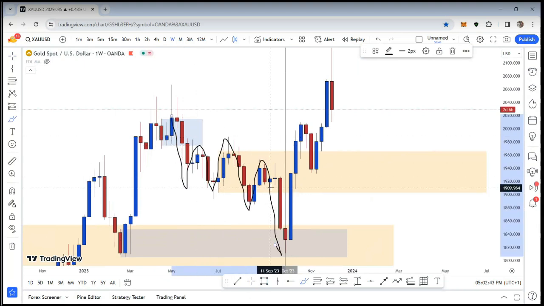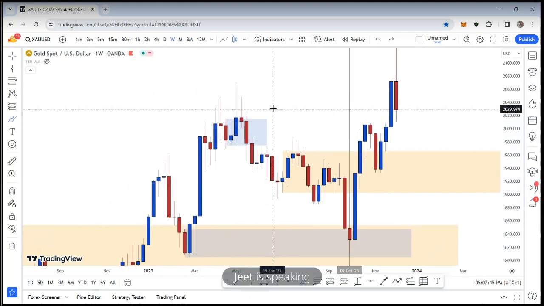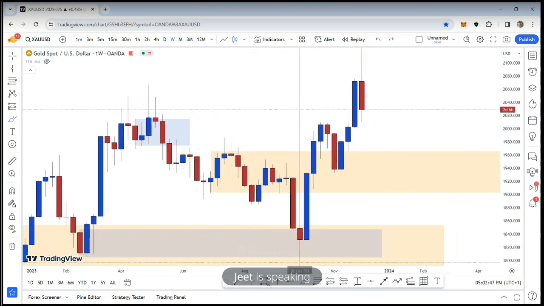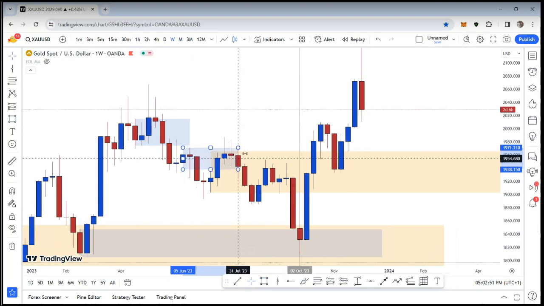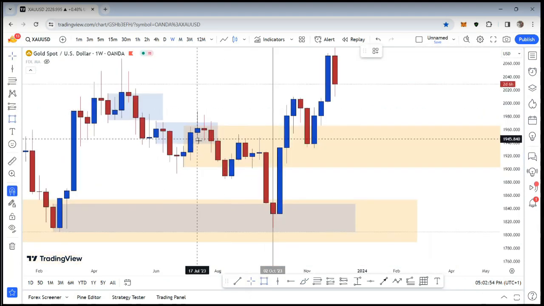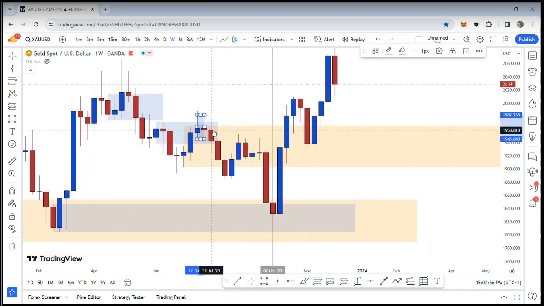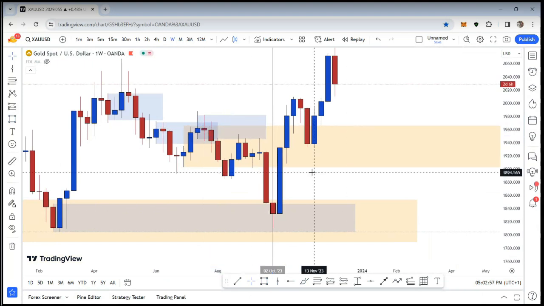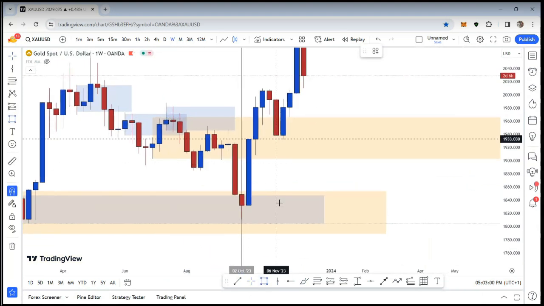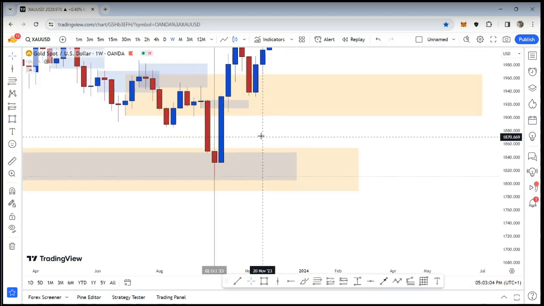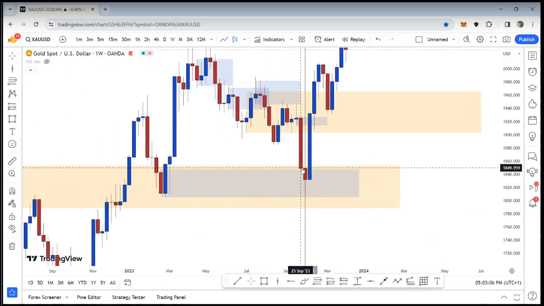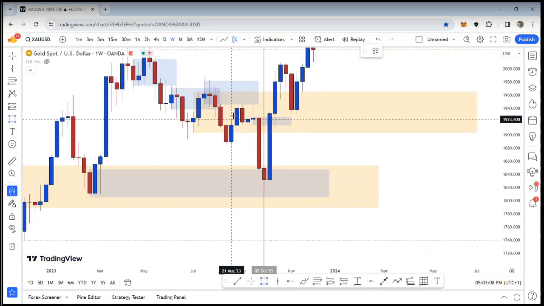So we had a series of engulfing sells. We had this, we had that, and we also had this, which was the last thing that brought price down, right? And we had this right here.